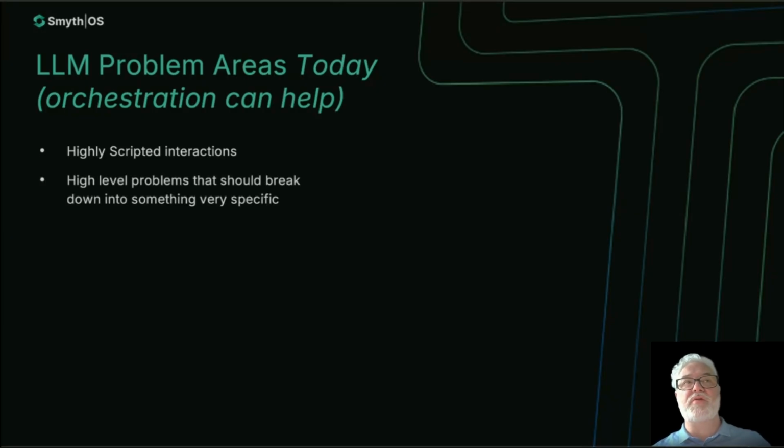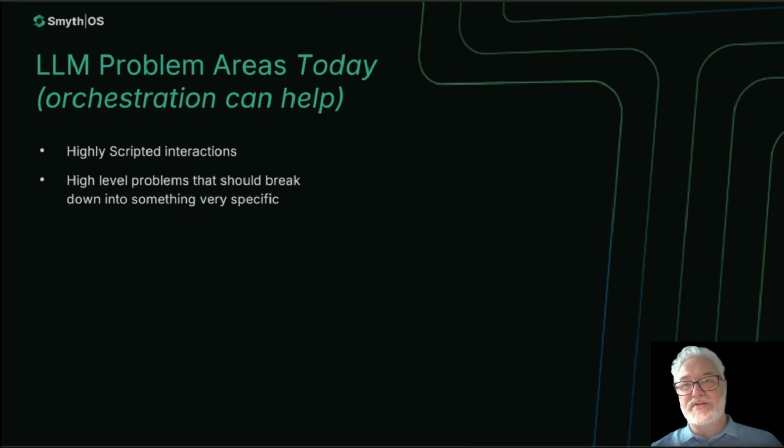So the first one is highly scripted interactions. With highly scripted interactions, you want to make sure that whenever someone asks a question, like, for example, call center agents, they are trained when answering a question to read from a script.